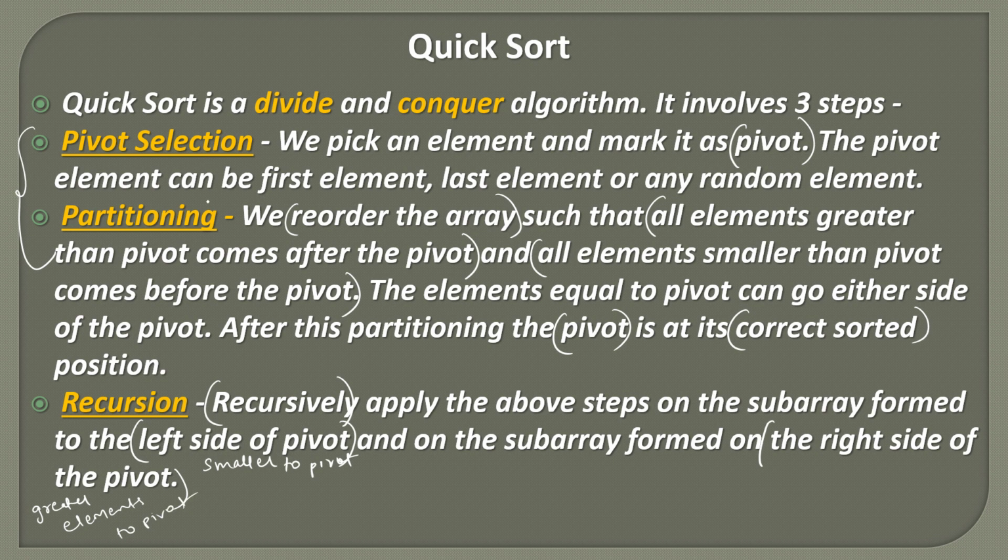So these two steps we perform recursively on the left side of the pivot and on the right side of the pivot. So let's see at a high level how this recursion looks.